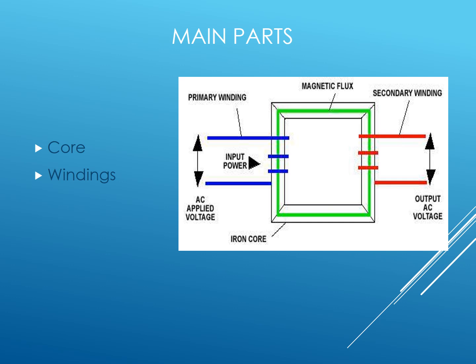In its simplest form, it consists of two inductive coils which are electrically separated but magnetically linked through a path of low reluctance. So in this diagram, you can see that the blue wires indicate the primary winding and the red wires indicate the secondary winding.